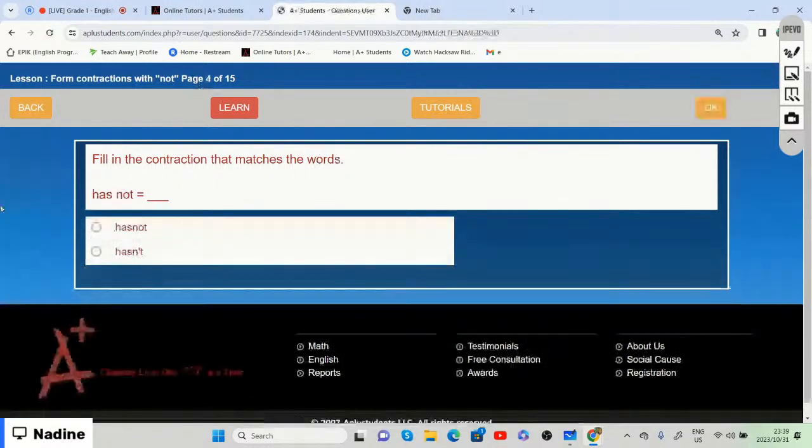Has not. The last one, has not. Is it has not, which is two words, or is it hasn't?